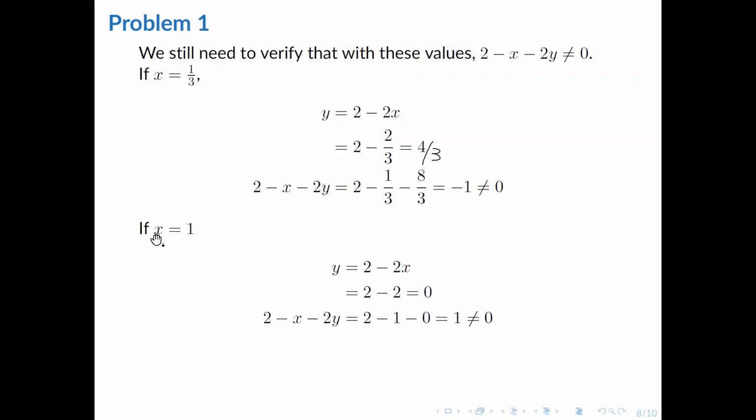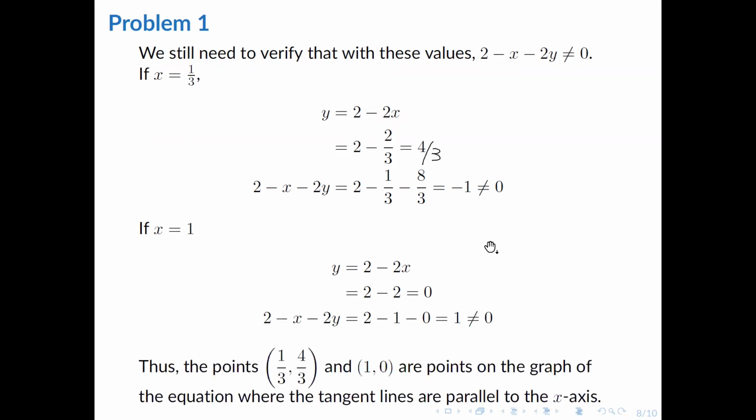Similarly, we do it for x equals 1. We obtain y is equal to 0, and we also see that this expression is non-zero. So our system of equations are satisfied, and thus the points 1 over 3, 4 over 3, and 1, 0 are points on the graph of the equation where the tangent lines are parallel to the x-axis.